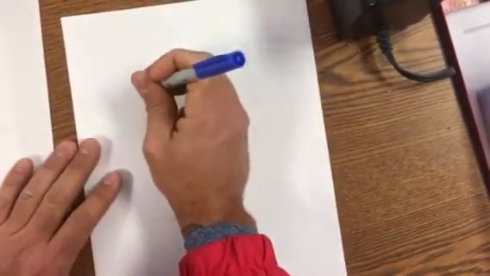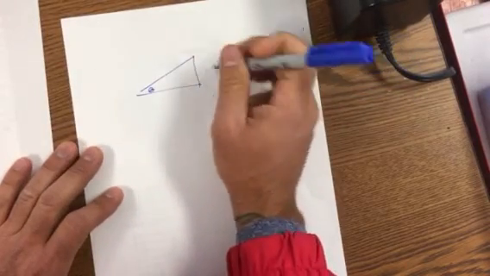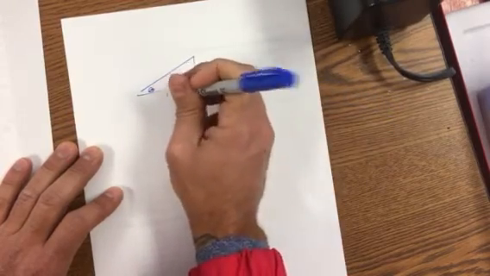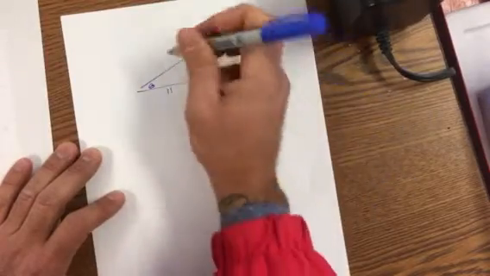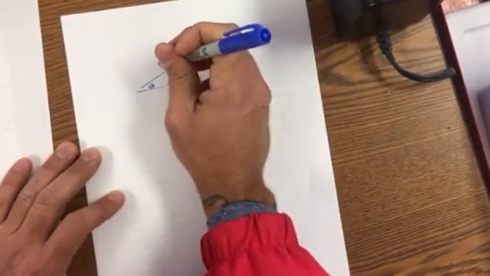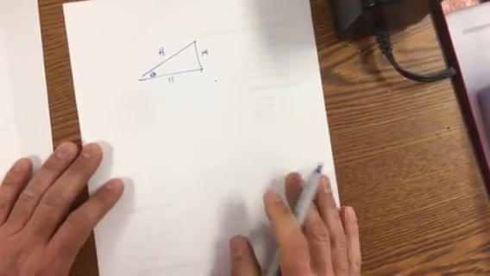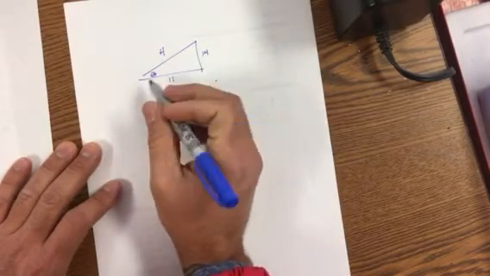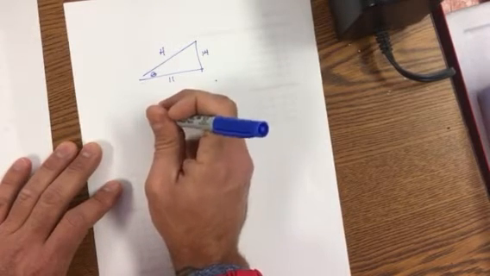So when we're dealing with this, if I have something that tells me this is the theta, and this side is 14, and this side is 11, and it wants me to find the other side, which is the hypotenuse, and it wants me to find the angle, the first thing that I'm going to do is find the angle. I have the opposite and adjacent, so I'm going to use the tangent.